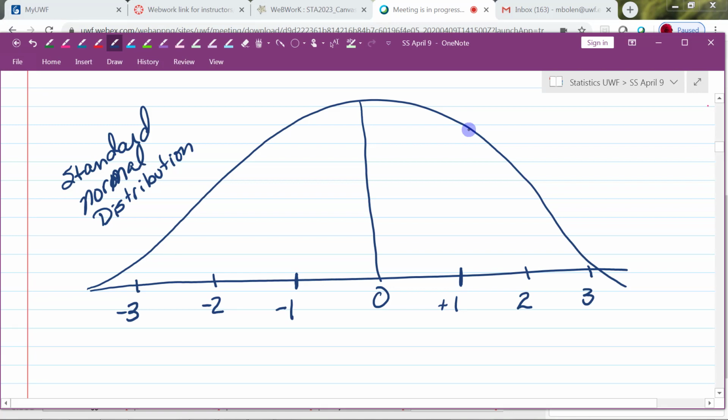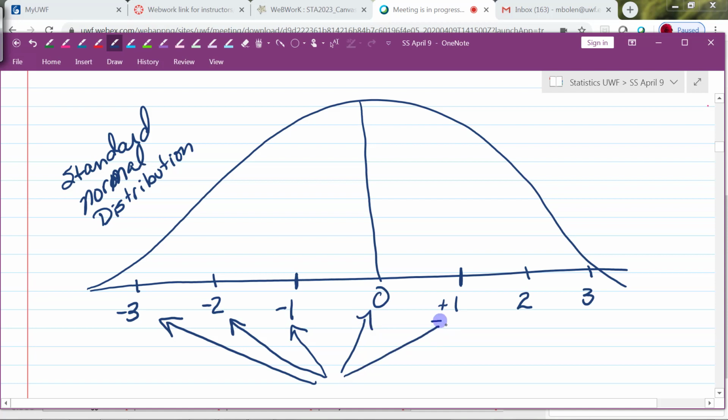These numbers right here, all of these numbers, and any other number along this bottom axis.